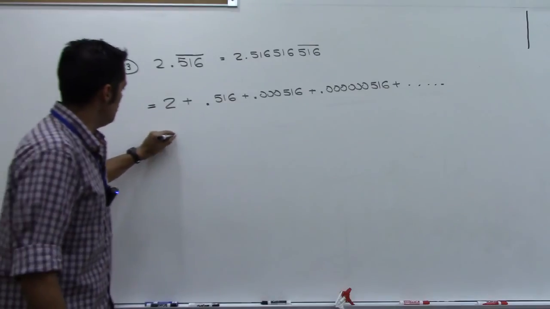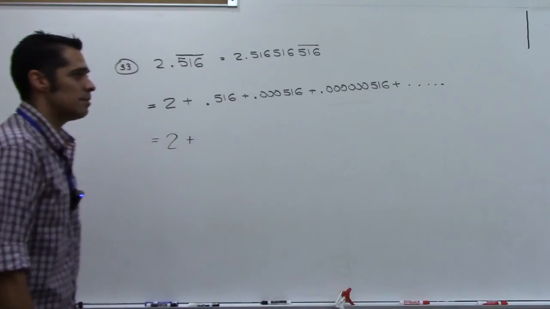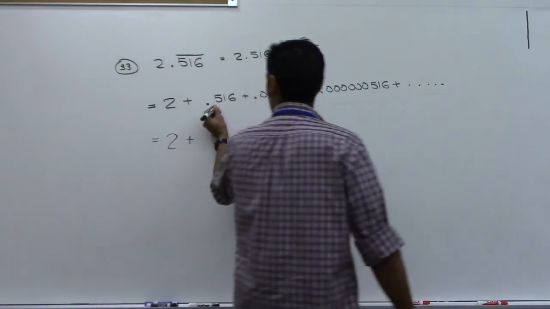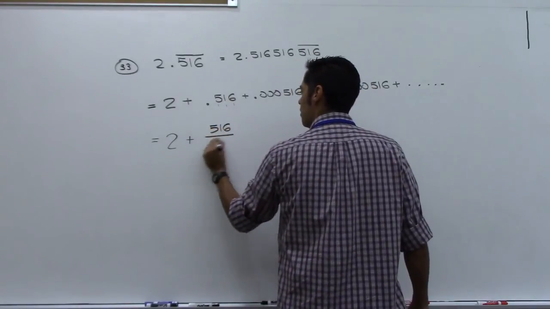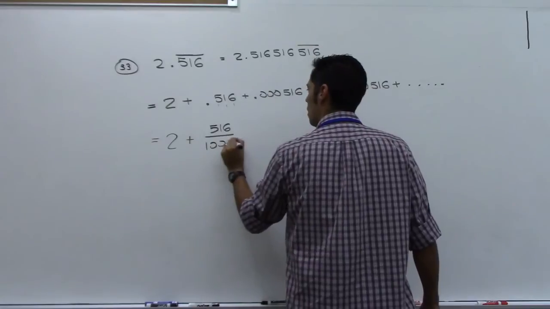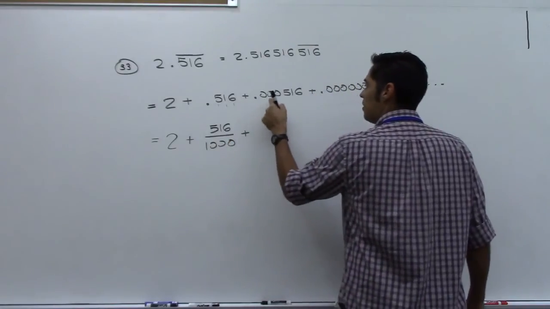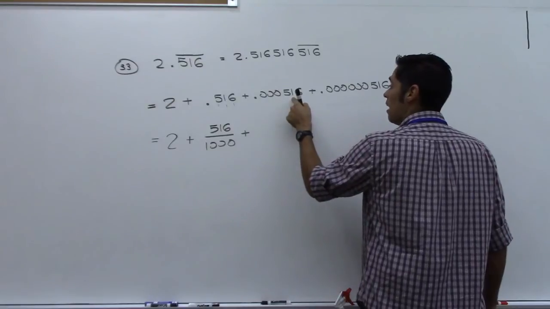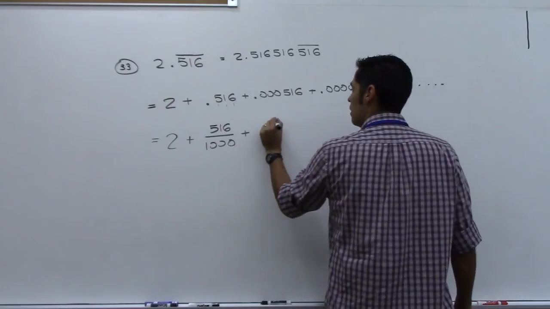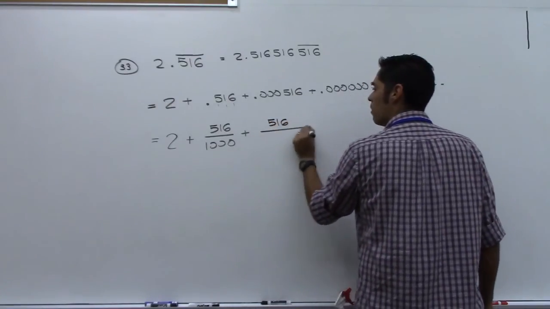So I have 2 plus, now let me write these as fractions. Remember the place value, tenths, hundredths, thousandths. So 516 over 1,000 plus tenths, hundredths, thousandths, 10 thousandths, 100 thousandths, millions. So 516 over a million.